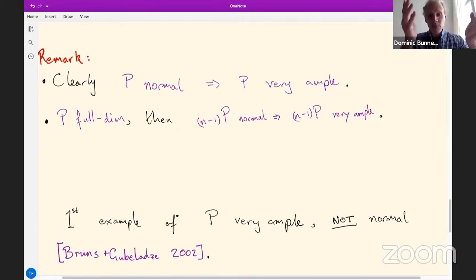And the first example in this class of very ample but non-normal polytopes was given by Bruns and Gubeladze. Sorry, it's a Georgian name which I can't pronounce very well.